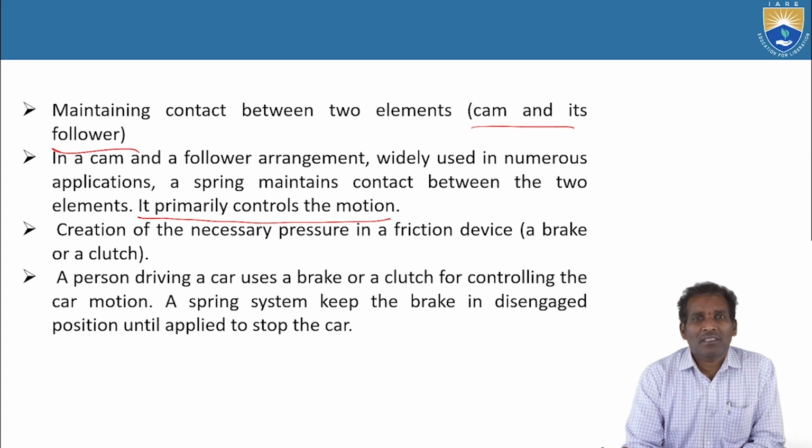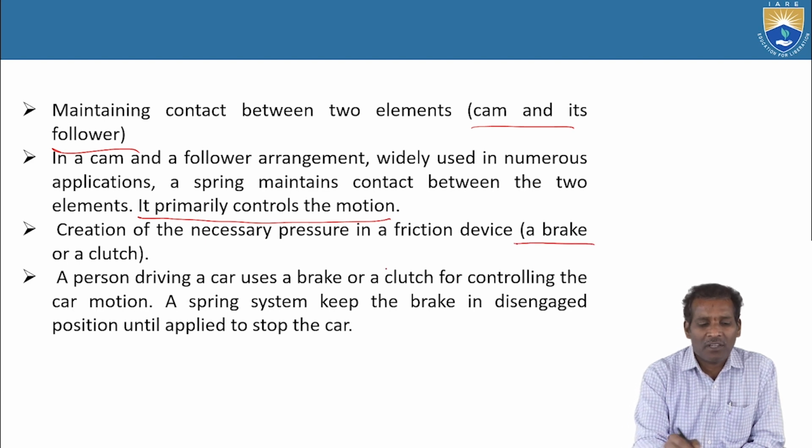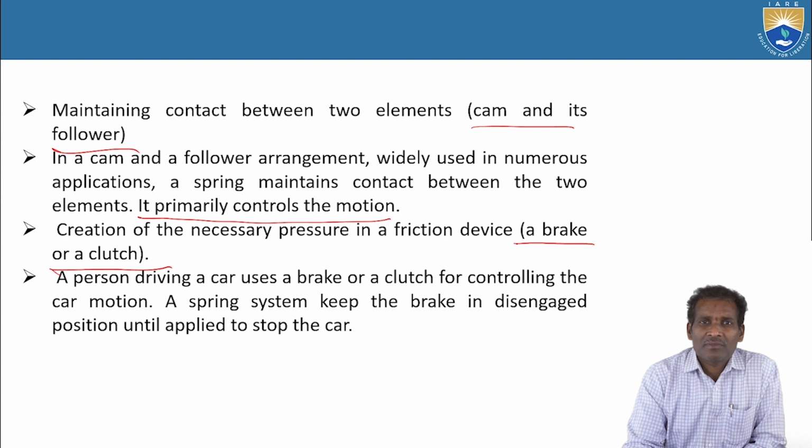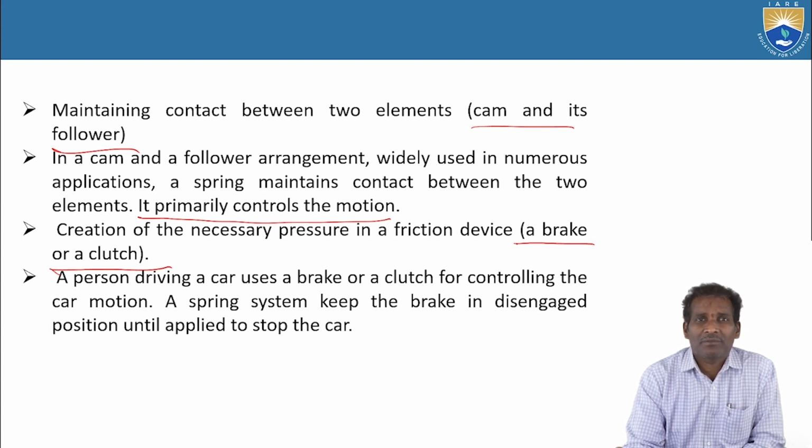Next application, creation of the necessary pressure in a friction device, for example, a brake or a clutch. You can see this type of necessary pressure in a friction device, the brake and clutch of our vehicle. Here some friction is required.